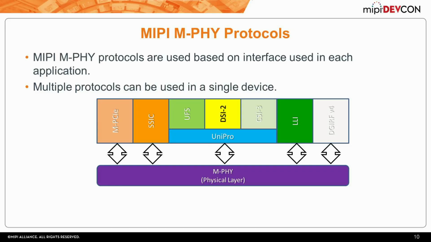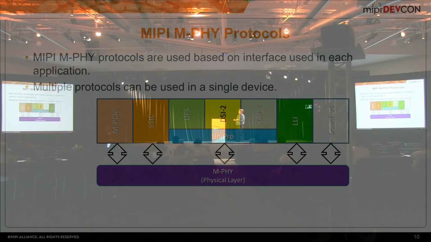And this is different because MIPI is defining the M-PHY physical layer, and then in the case of MPCIe, PCI SIG is developing the upper layers. MIPI does the UniPro transport, but UFS is done by the JEDEC organization. So as you saw before, compliance or conformance for UFS is done by UFSA, which is a separate organization from the MIPI organization, but works very closely with it, obviously.